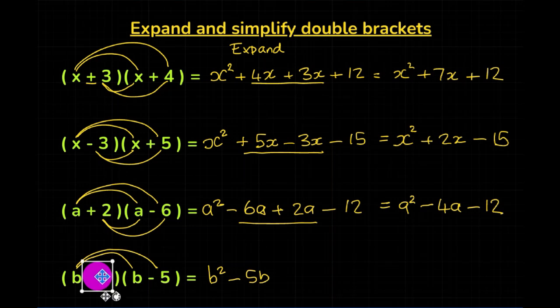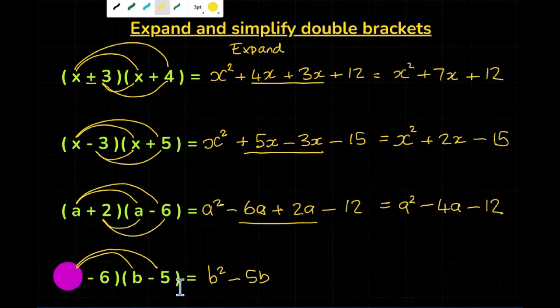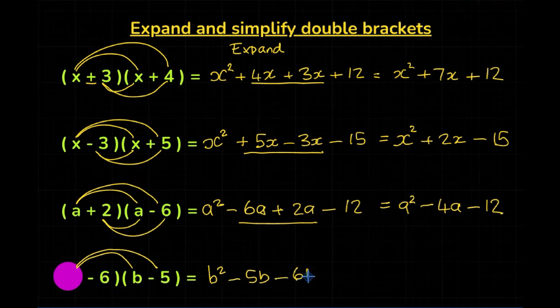Move your finger, or my purple dot, and we're left with minus 6, so minus 6 times b is minus 6b, and minus 6 times minus 5 is plus 30. The thing that's most difficult is dealing with the minus signs, but do be careful and I'm sure you'll get it right.